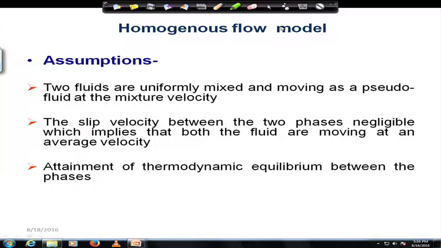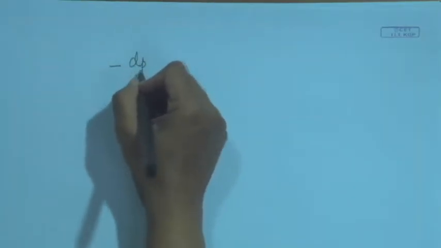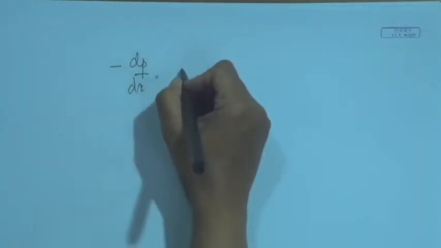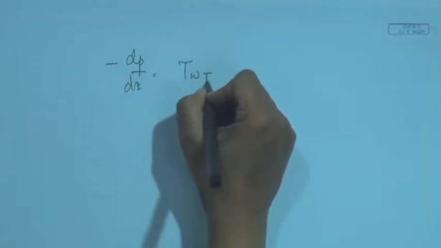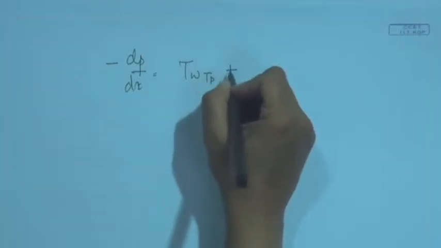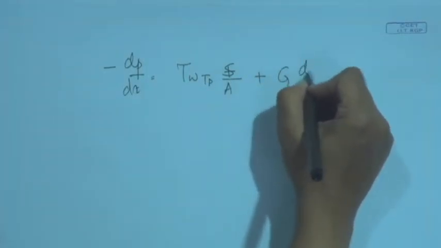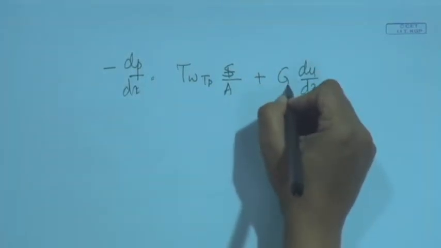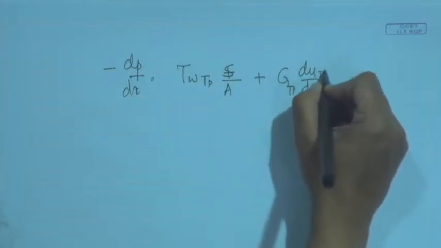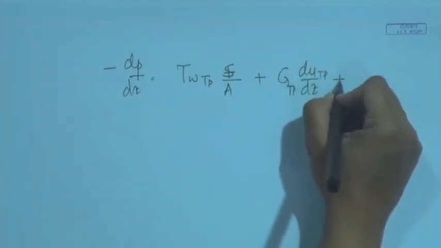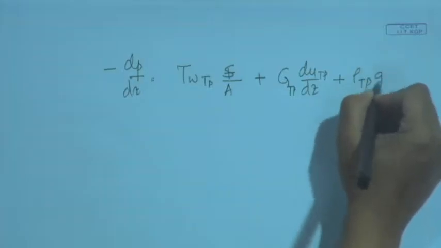The equation which we can develop from here is the homogeneous flow equation, where we get the pressure gradient, minus dp/dz, equal to tau W times the perimeter P by A, plus G du/dz, where G is the two phase mass flux and UTP the velocity, plus rho TP g sin theta, right.